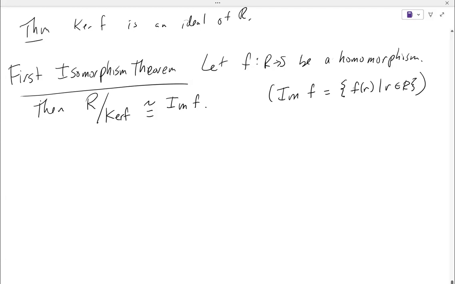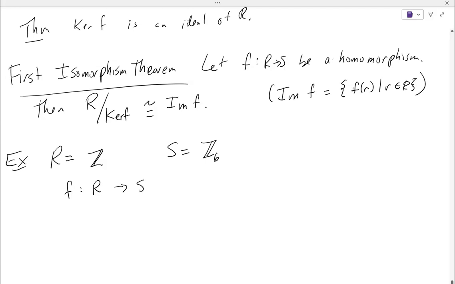Okay. All right. Let's say your ring R is Z and your S is, let's say, Z6. Can you find me what I'll say is an obvious homomorphism from R to S?